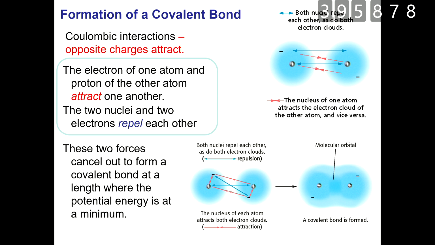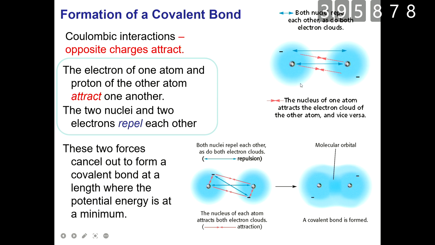We know opposite charges attract each other. This is also called Coulomb interaction. For example, this is one hydrogen atom, and this is another hydrogen atom.